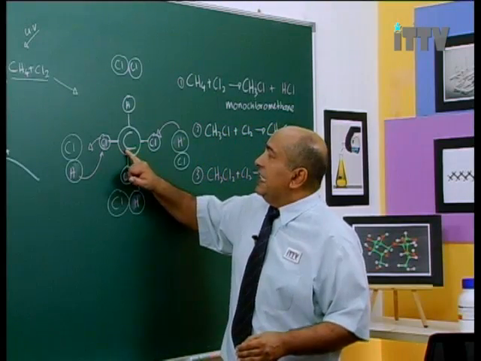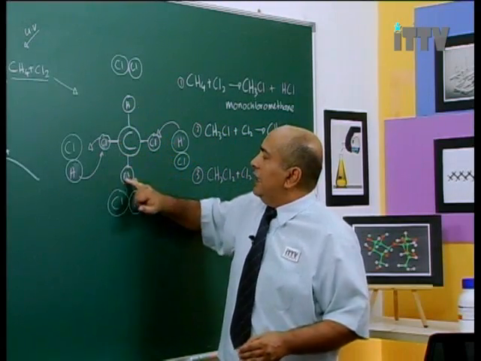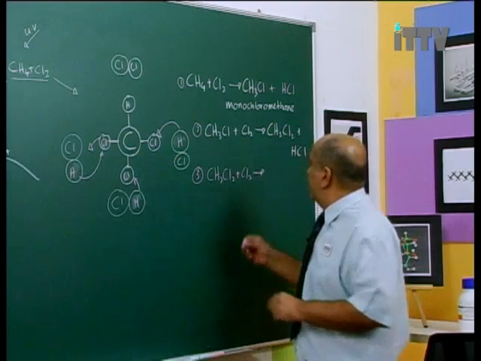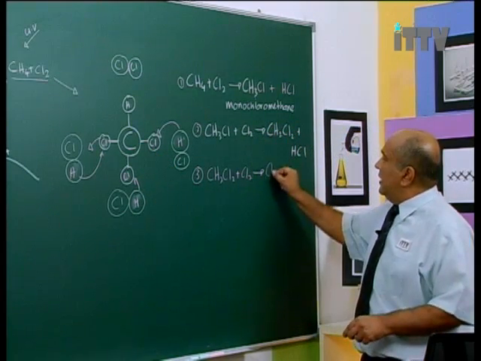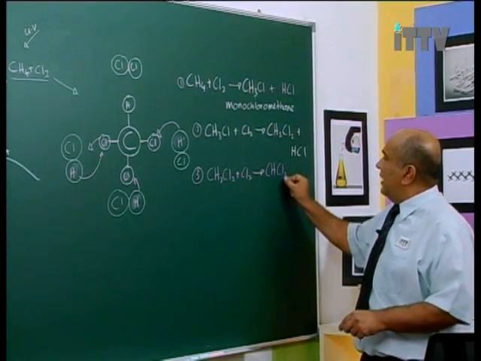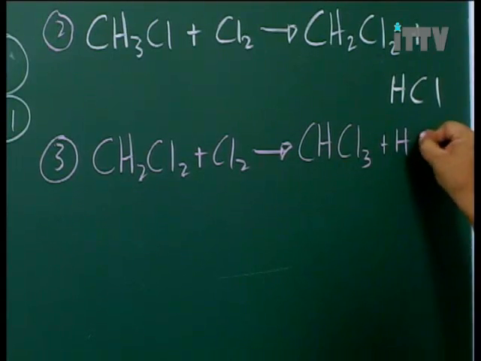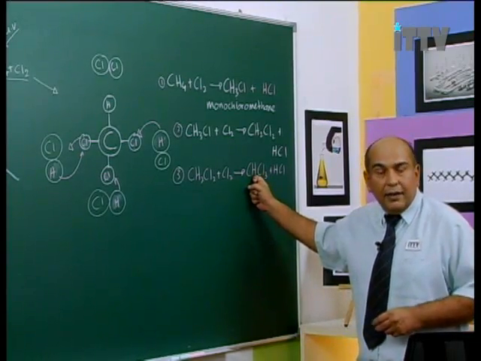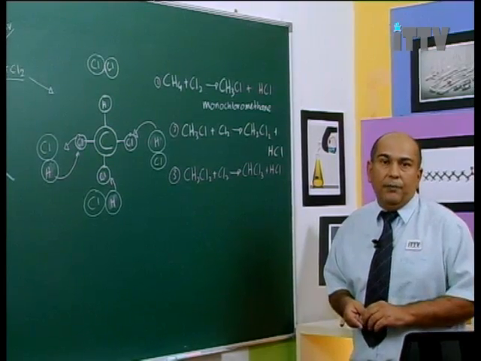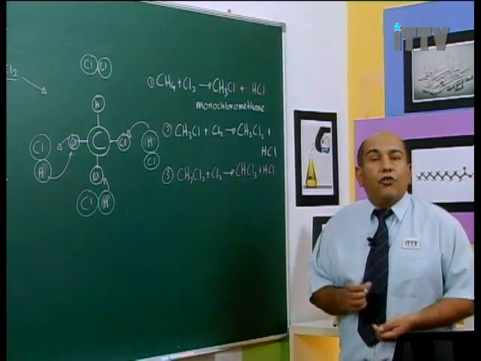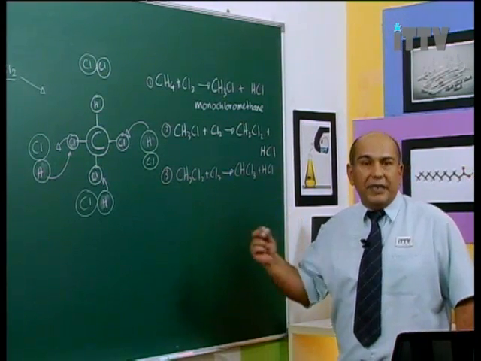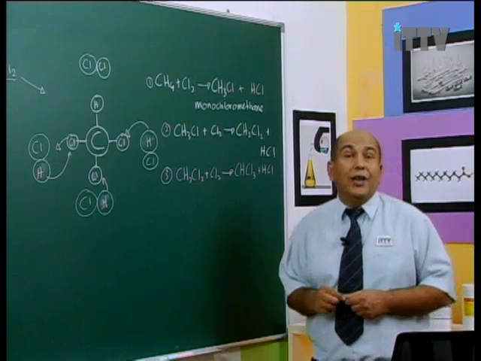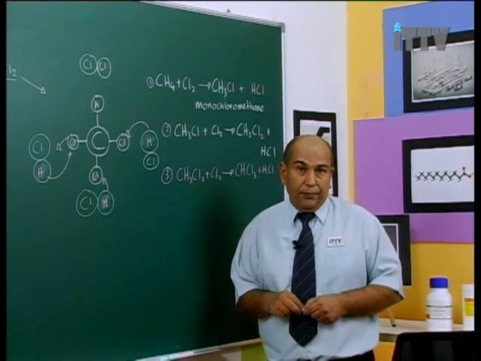Now we have CHCl3, plus HCl. What would I call this? I have 3 chlorines now, so we'll call it trichloromethane, which is also known as chloroform.